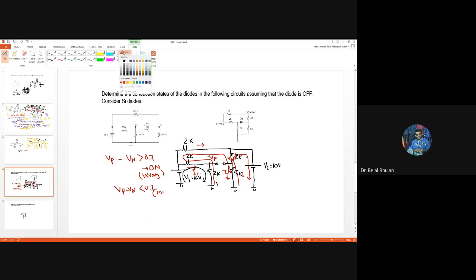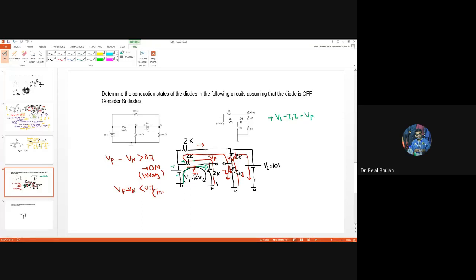If we apply KVL starting from ground all the way to this point, with the polarity minus plus, the current flowing in this direction, VP will be plus V1 minus I1 times 2K, equals VP.